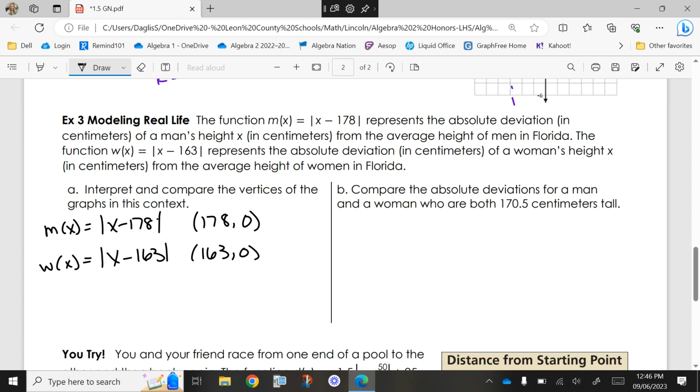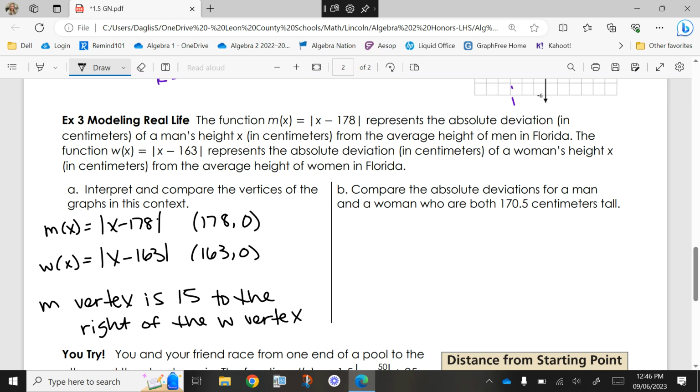The 178, the male, right? So the m vertex is 15 to the right of the w vertex. So these are showing average heights.